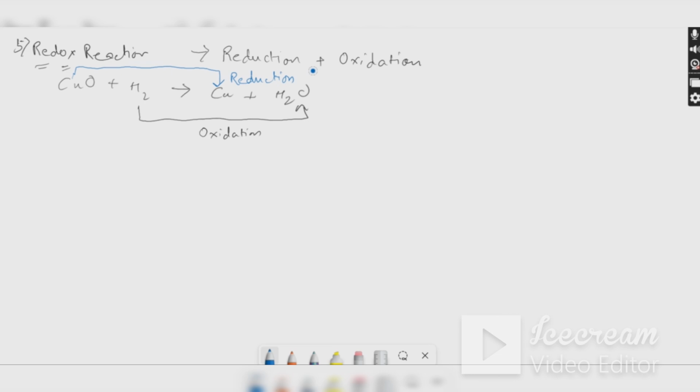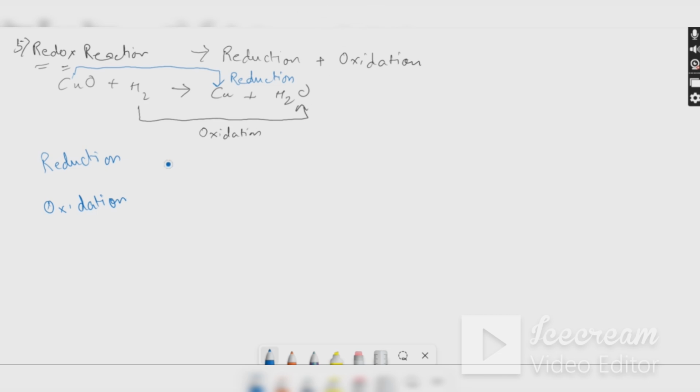Right? So here there are two concepts that we have to understand. If we understood what is reduction, we understood what is oxidation. Now, the substance which gives oxygen or gains hydrogen, or that which itself is reduced, is the oxidizing agent.